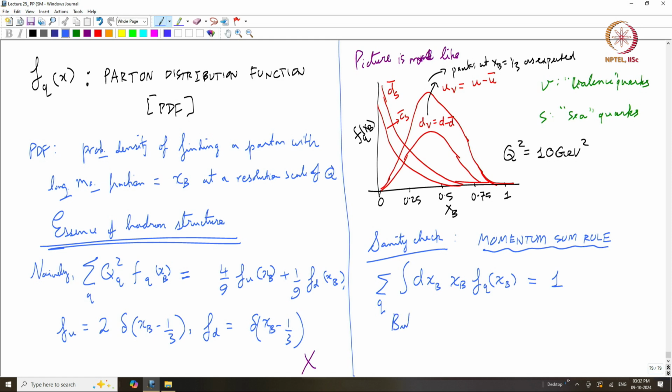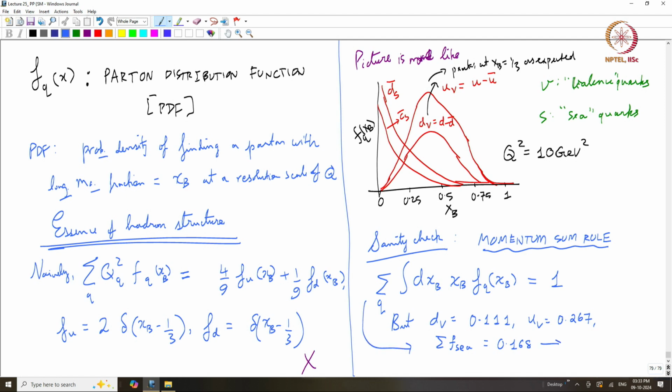But measurements tell us that for the valence dV, the valence part of the down quark, that is like 0.111, and then UV is like 0.267, and then all this C quarks, let me just write C here to be really clear, that is adding up to 0.168, in this sum basically.